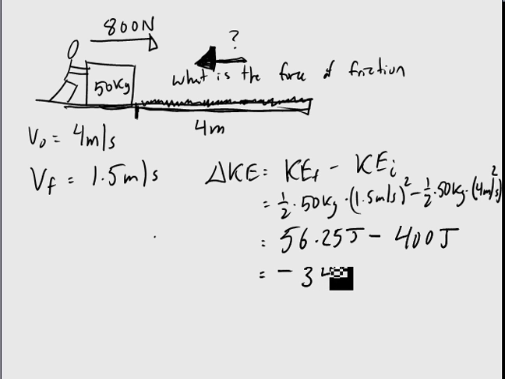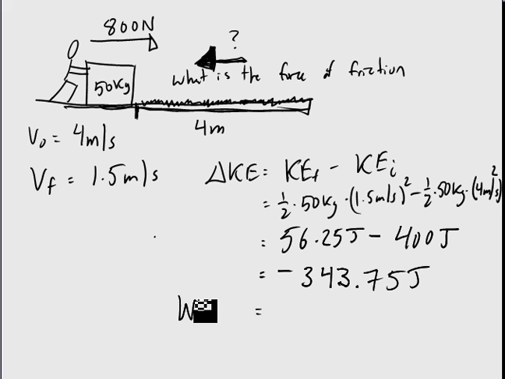343.75 joules. So we see that the change in kinetic energy is negative, right? Which makes sense because it slowed down.